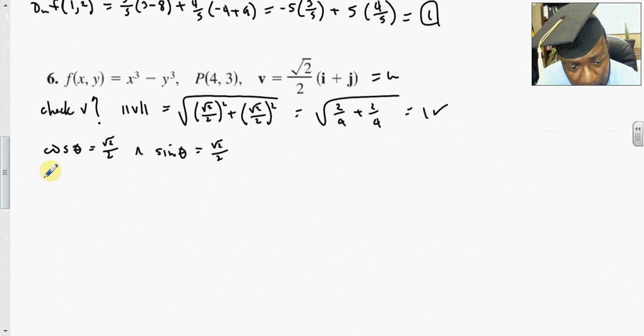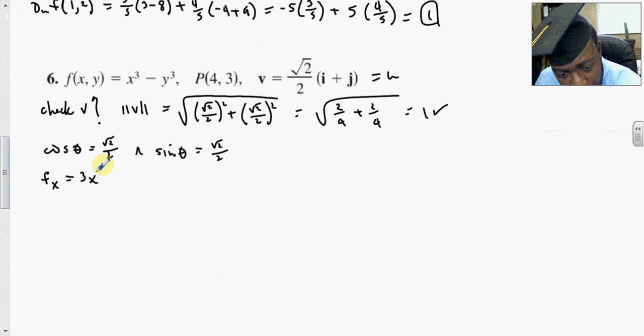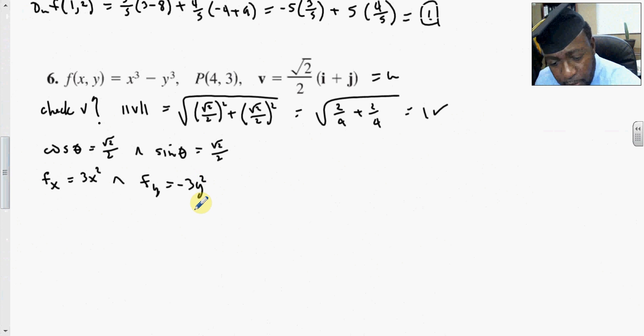Which you would have thought that it just could have told us that, and we could have just gone on to that. But anyway, so we find the partial derivative of f with respect to x, 3x squared, and the partial of f with respect to y is negative 3y squared. Okay.